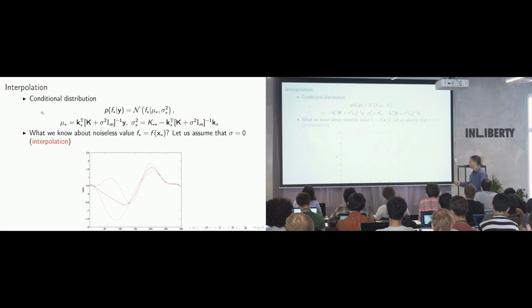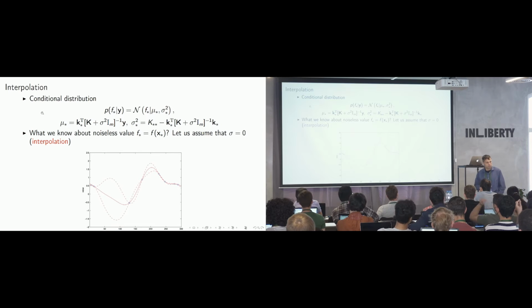By blue circles here, I depict sample points. And by this red line, I depict the posterior value. So mu actually is a posterior mean value of the posterior process given observed data.